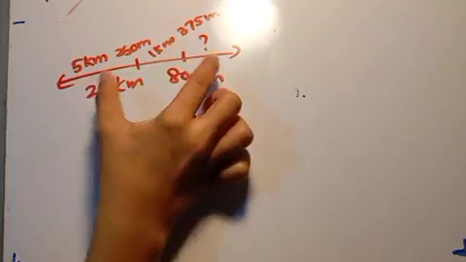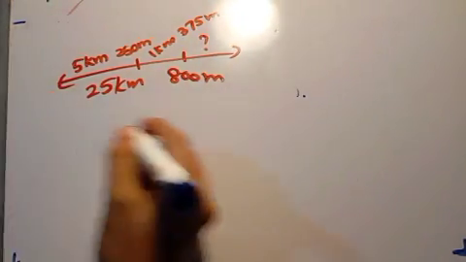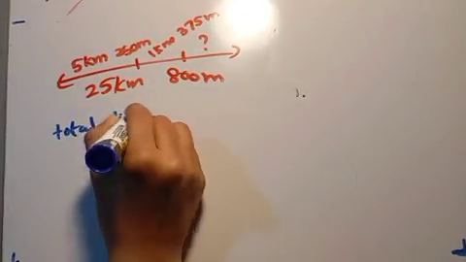What is the remaining distance? For that, you have to first add these two, then subtract from this one. So first I am going to add these two, the total distance traveled.